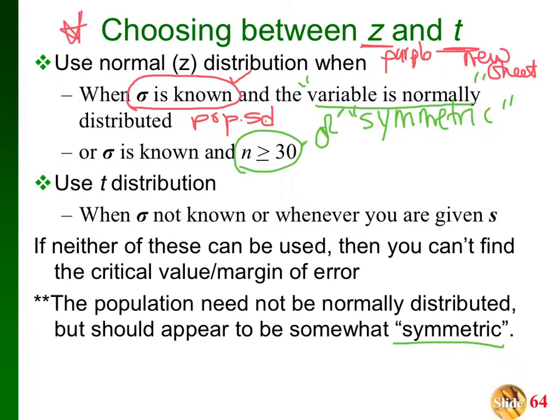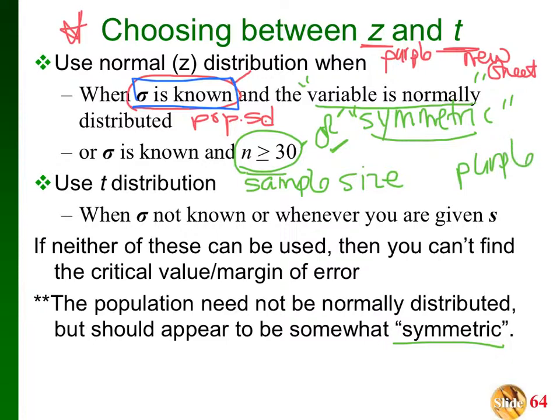So it's either symmetric or n is greater than or equal to 30. And that's, again, our sample size. So that's the first thing. If those happen, then we're going to use the purple sheet.